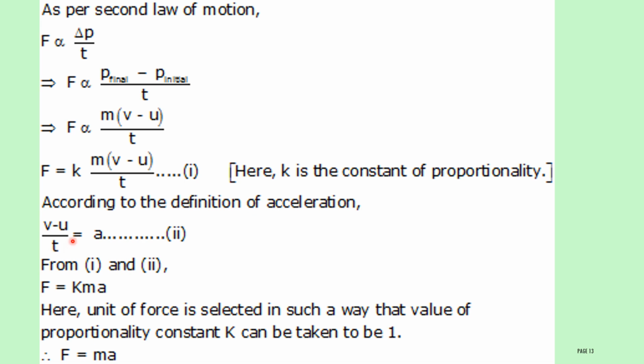Substituting this in the equation, F is equal to k m a. The unit of force is selected in such a way that the value of the proportionality constant k can be taken as 1. If k is equal to 1, then F is equal to ma. This is the mathematical derivation of Newton's second law of motion.